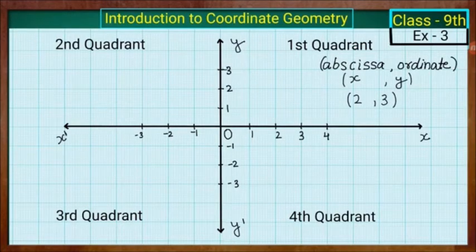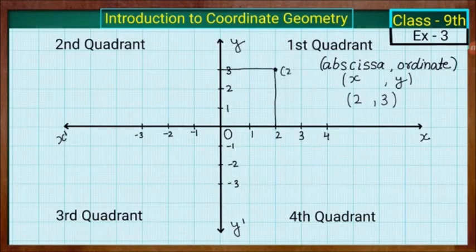You can draw perpendicular lines from 2 and from 3, and they meet at one point, 2 comma 3.